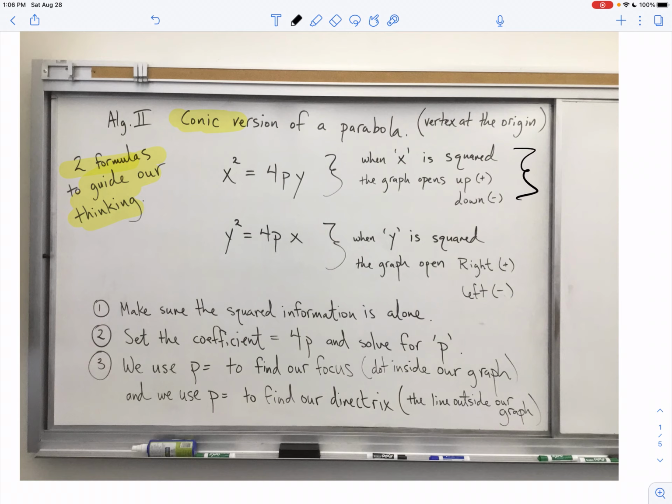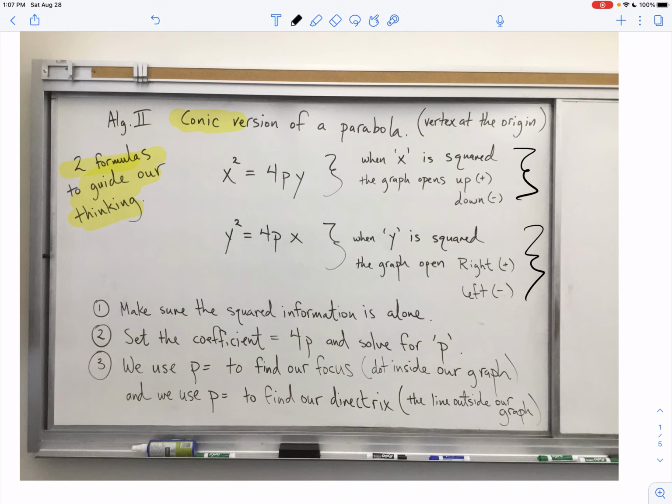But here is something we have not done before. There is a potential where the y part is squared. When y is squared, we've never seen this before, but when that part's squared, the graph can go right if it's positive or left if it's negative.